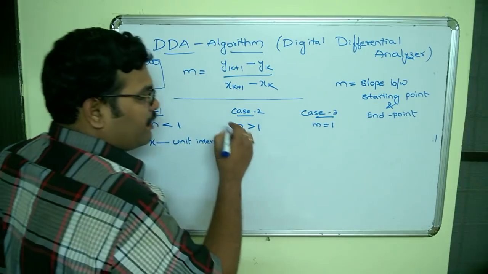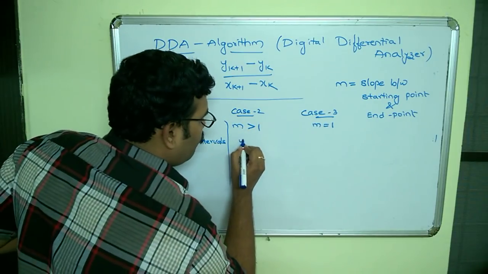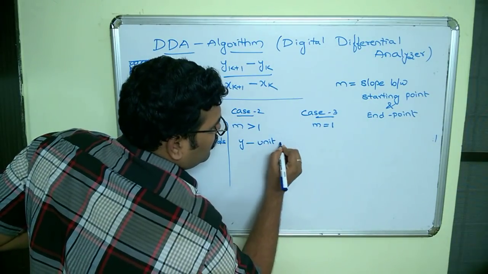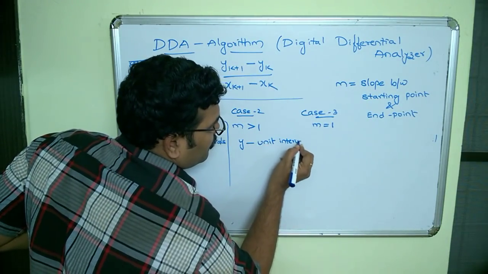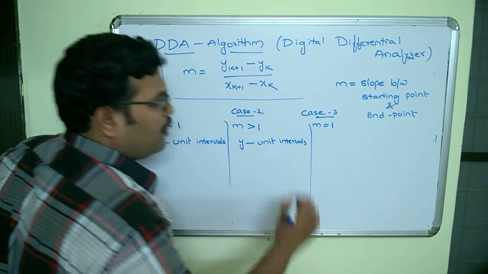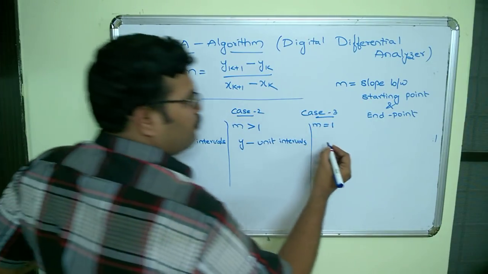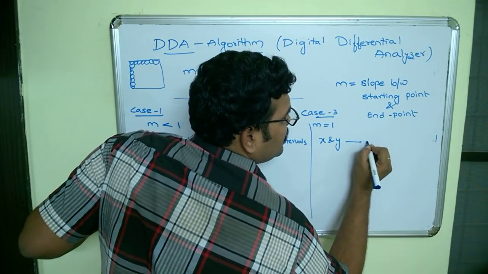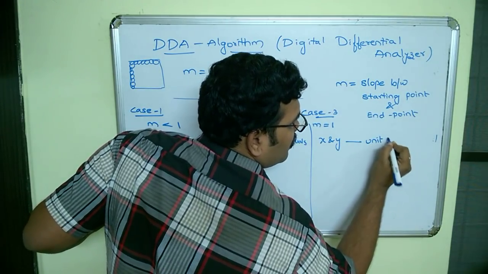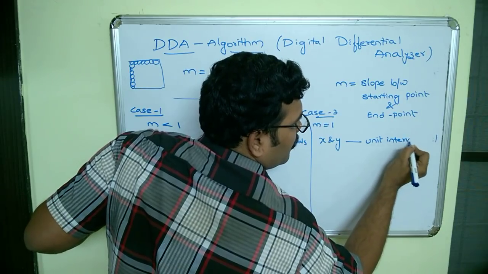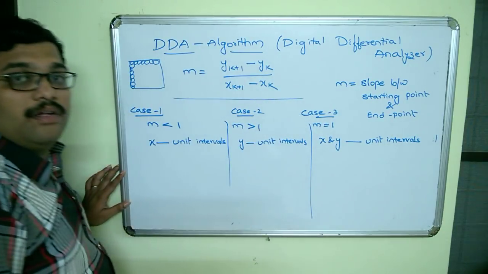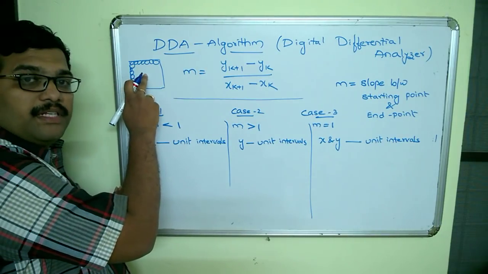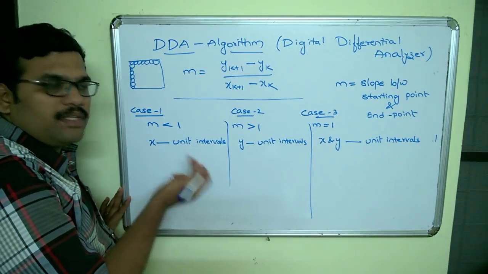If m is greater than 1, the y coordinate changes in unit intervals. If m is equal to 1, x and y both change in unit intervals. Obviously, if the screen is a collection of pixels, it will be in unit intervals.